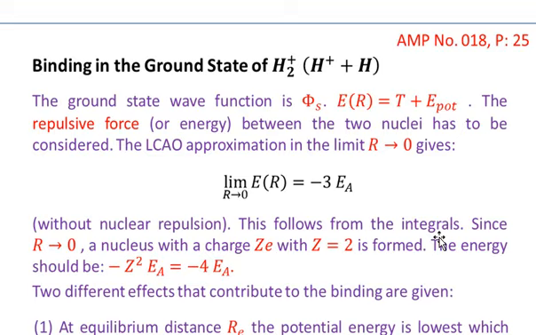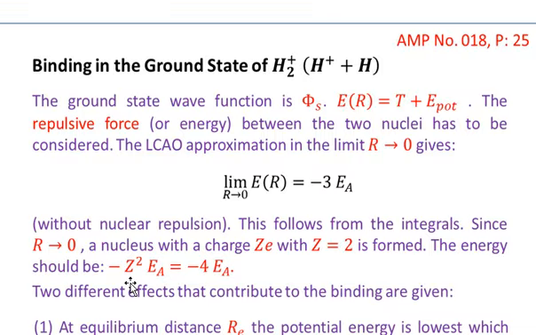This follows from the integrals. Since R goes to 0, the two nuclei will combine to give you a nucleus with overall charge Ze, with Z equal to 2. When the two nuclei approach each other, that is when R is equal to 0, the energy should be minus Z square times EA.